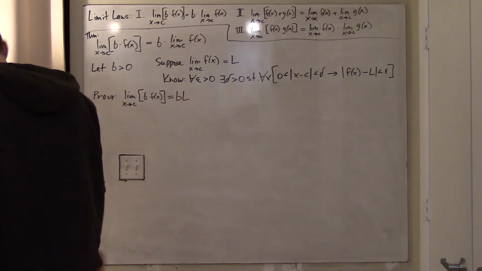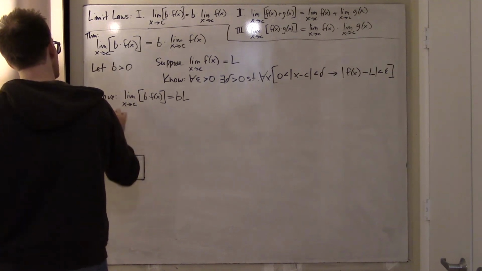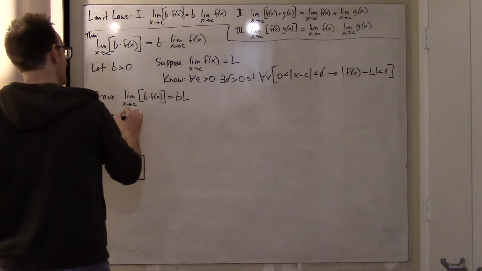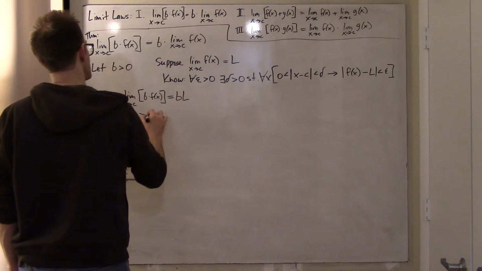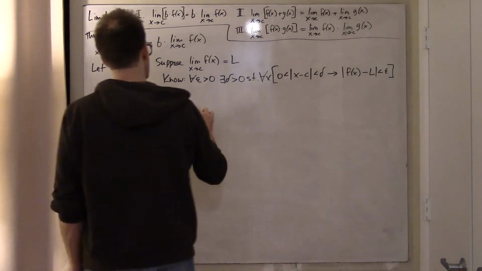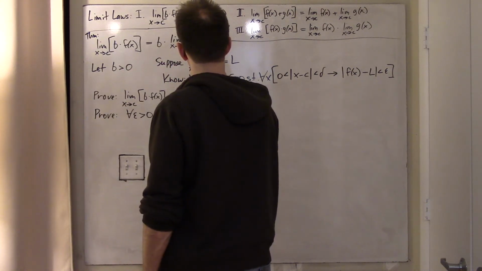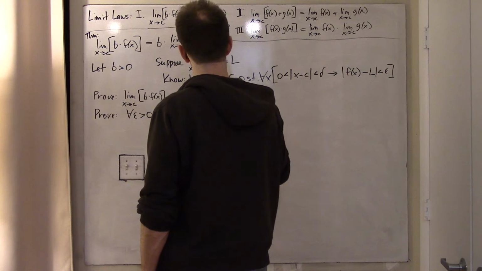Okay, and what does that mean? That means I need to prove that for all epsilon greater than 0, there exists a delta greater than 0 such that for all x, and now what is this for all x?